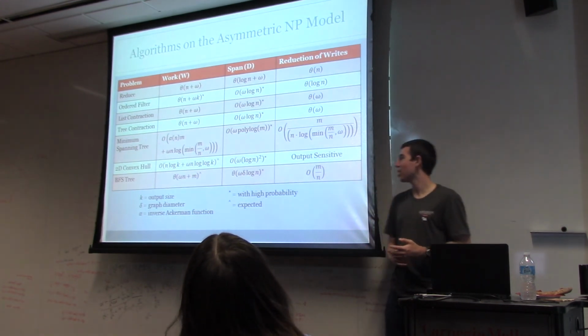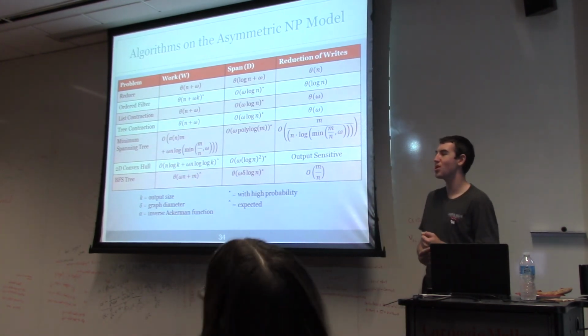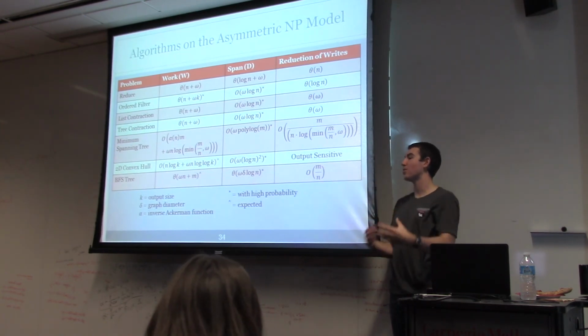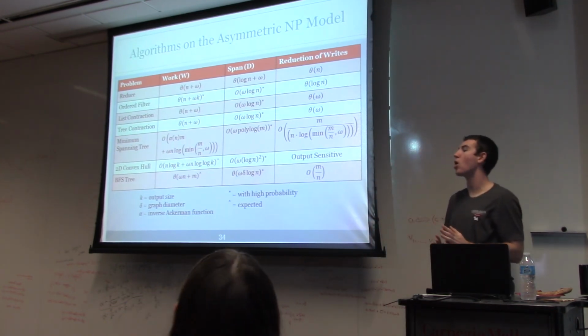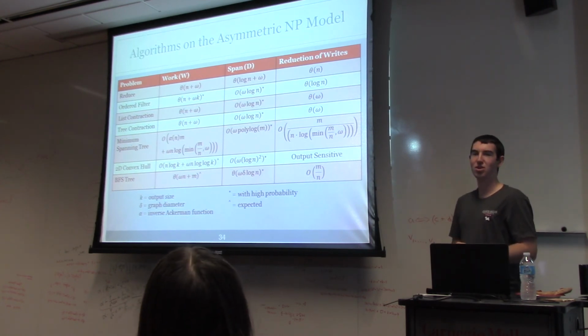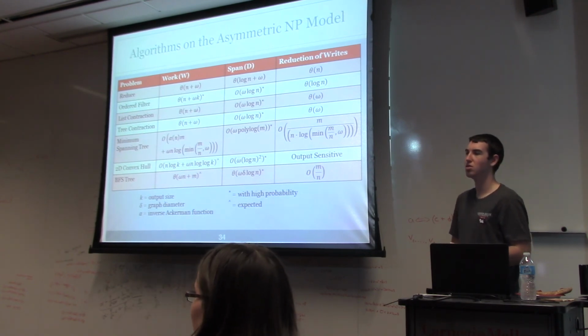But we are working on doing some experimental implementation of these algorithms to verify that the asymptotic performance is indeed beneficial in the real world. And that's sort of where our research has been focused right now. The spanning tree actually is the only one on this list that isn't tight, according to the very trivial bound that you have to write out your output.